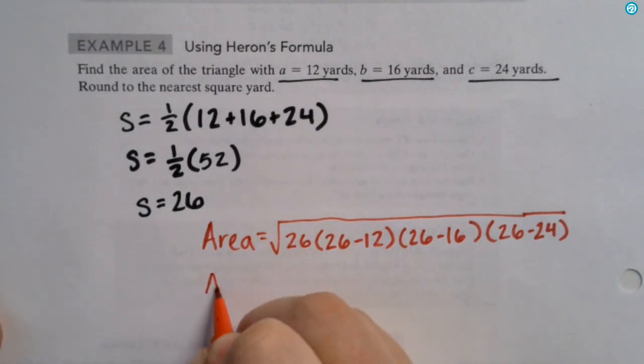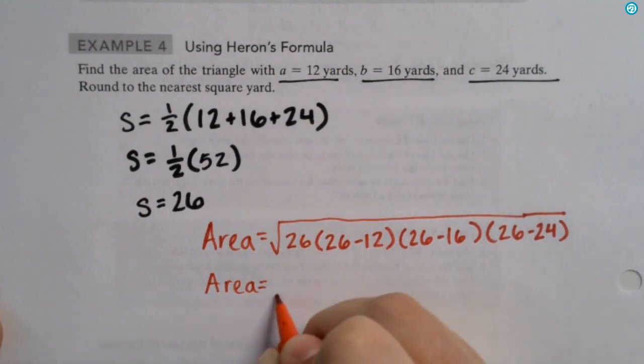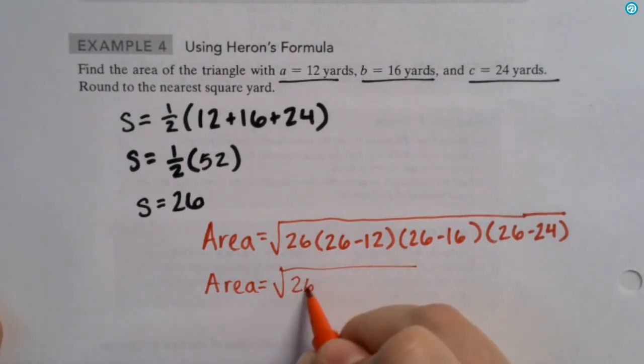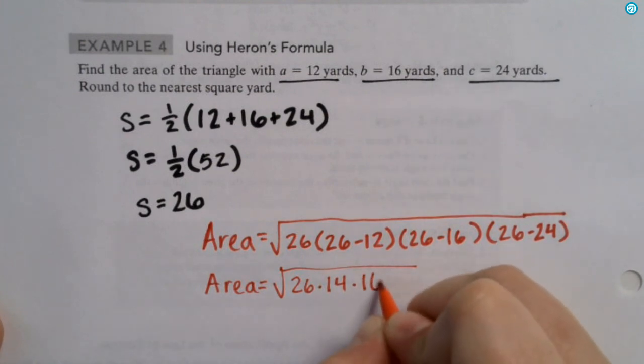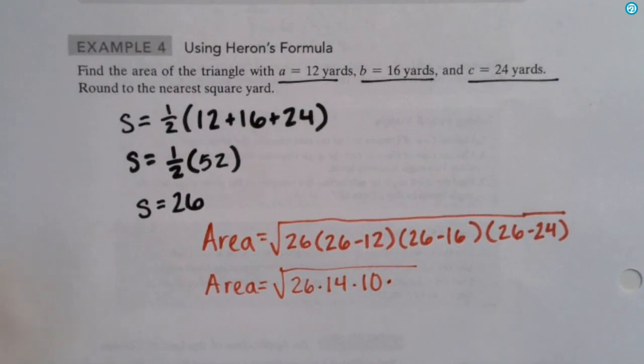You could put that all in your calculator, but I don't like putting that many parentheses in. So I'm just going to do the square root of 26 times each of these little subtraction problems. 26 minus 12 is 14. 26 minus 16 is 10. 26 minus 24 is 2.